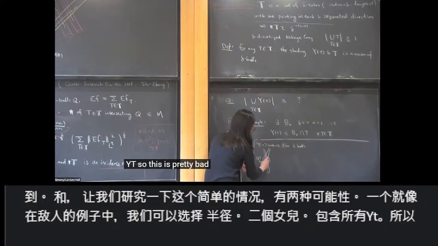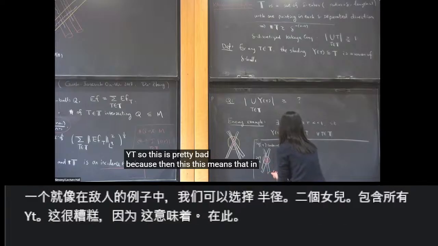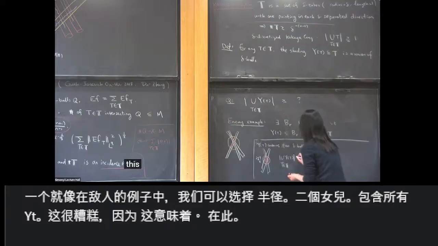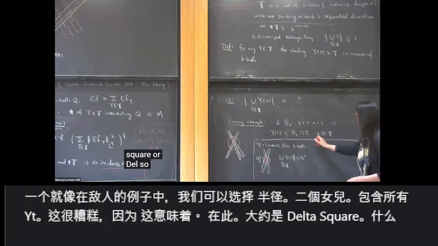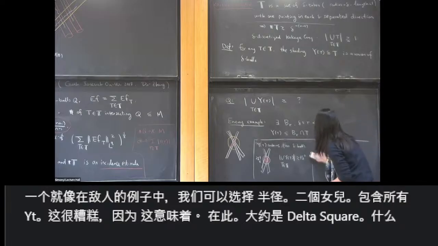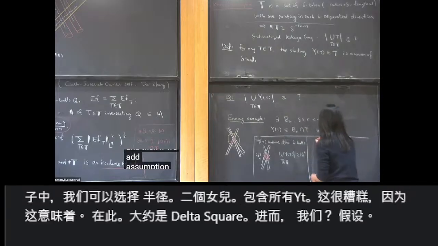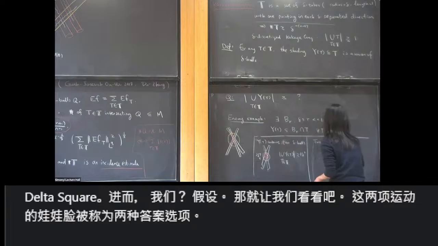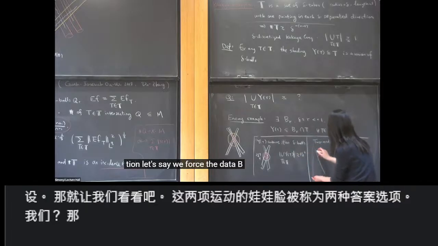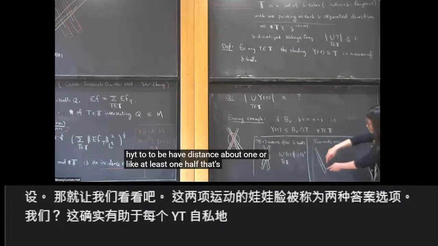This is pretty bad, because then this is approximately delta squared. And then if we add an assumption, let's see a baby case of what is called a two-ends assumption. Let's say we force the delta balls in each Y_T to have distance at least 1/2. So that's the meaning of two ends.